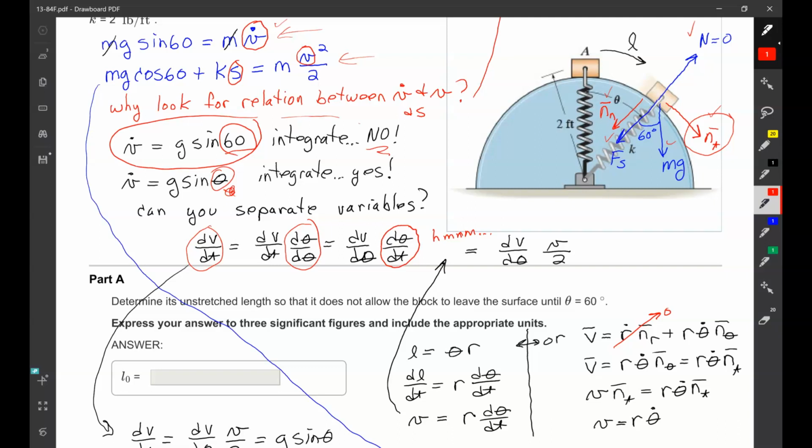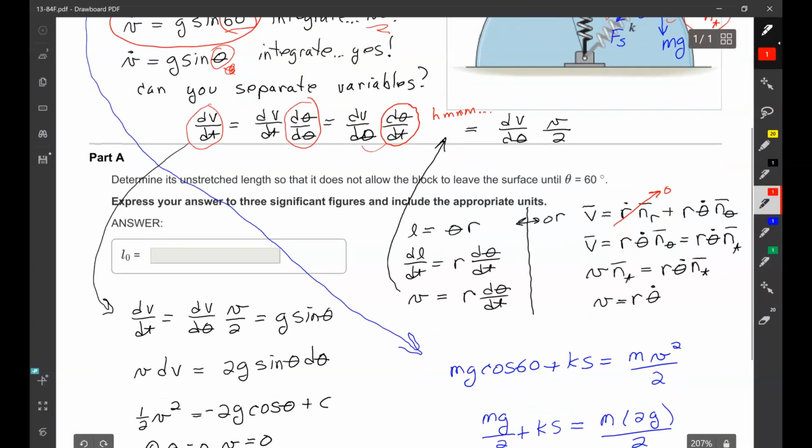So I write d theta, and then I switch the bottoms, just reverse them. So I get dv d theta times d theta dt. If you think about it, what is d theta dt? d theta dt is the velocity, right? How do you know? Well, there's a couple of ways to know it.